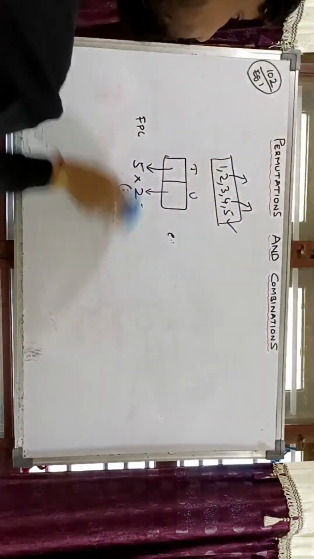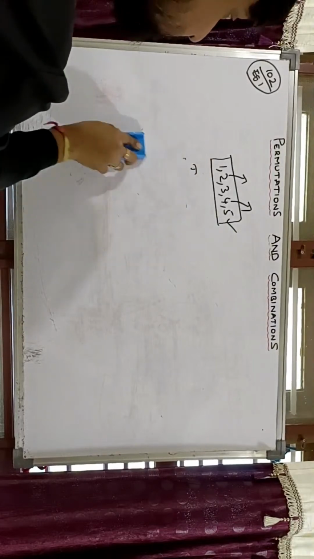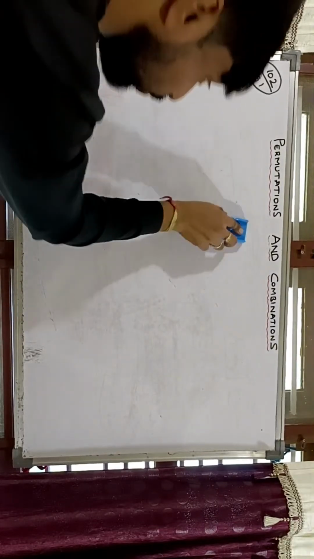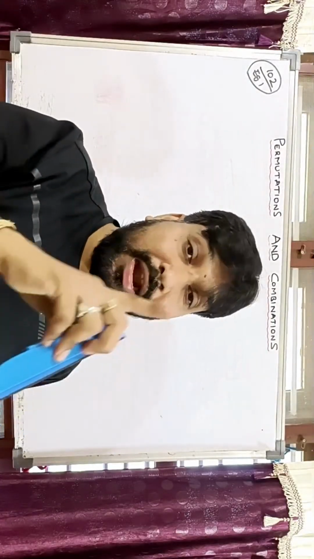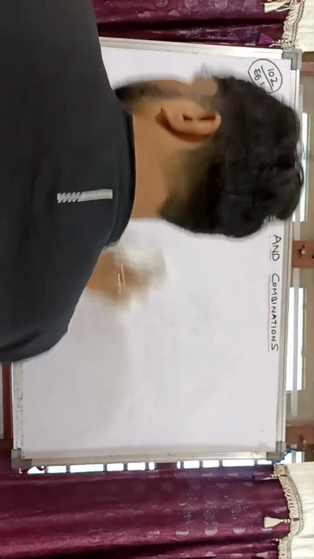So at least 2 flags means you are going to consider the 2 flags case, 3 flags case, 4 flags case, and the maximum number of flags given is 5, so the 5 flags case also. So all 4 cases you are going to consider. Then you can evaluate the sum.